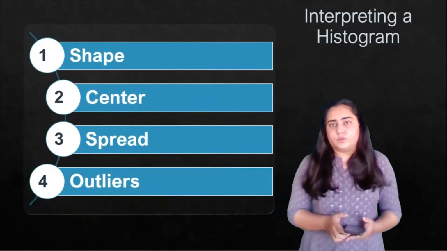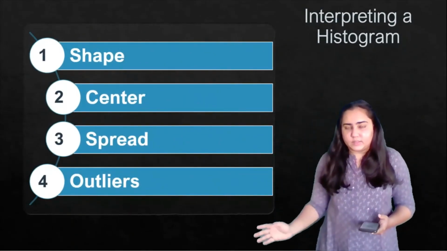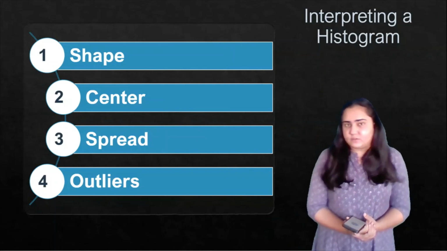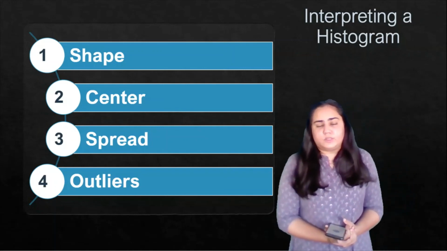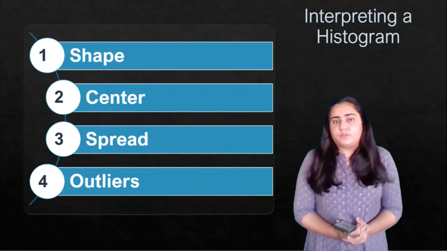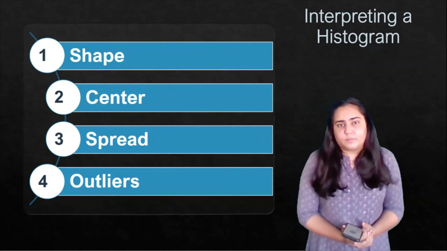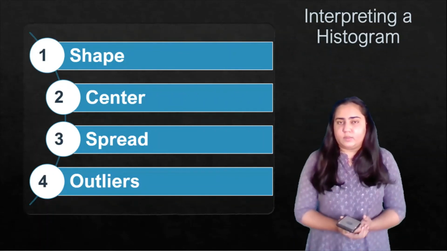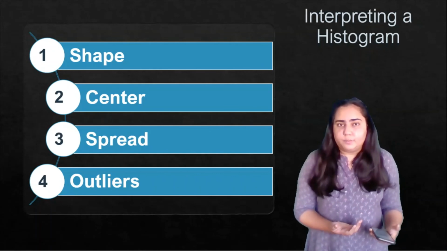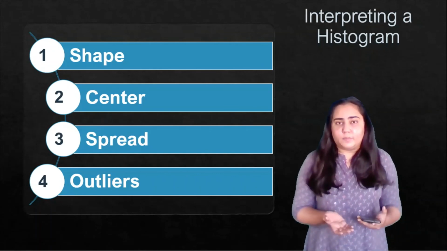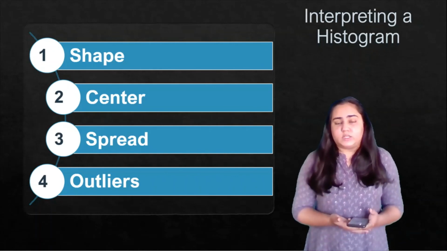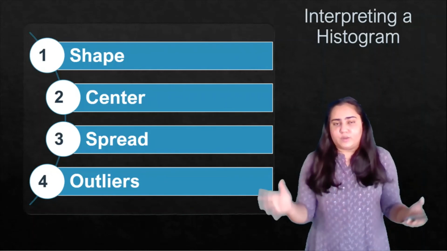To understand histograms better, you need to go through these four things. I'm not going to cover this in this video. I'll talk about those in the next video, how you can interpret a histogram. The shape of the histogram tells you something about your data. The center of the histogram gives you an insight into your data. Even the spread, the way it is spread around.